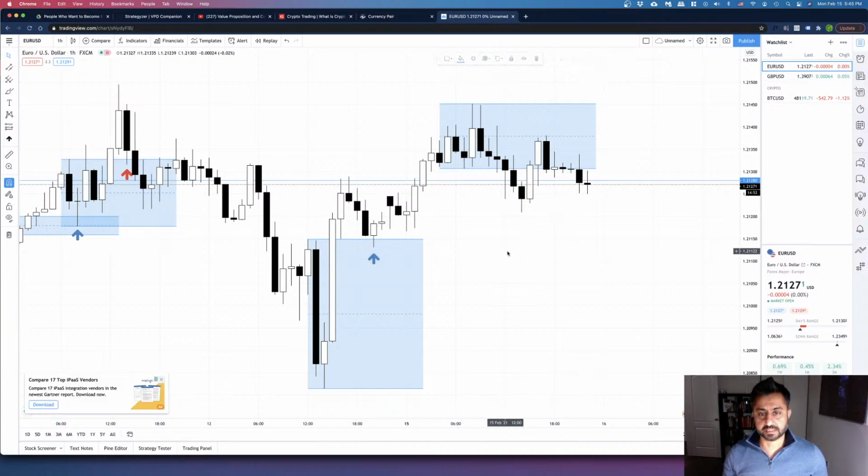And what I did is I saw this candle right here. When I see the market push down here and go back up, and then push down again, that for me is a structure that I'm very much interested in taking trades on.